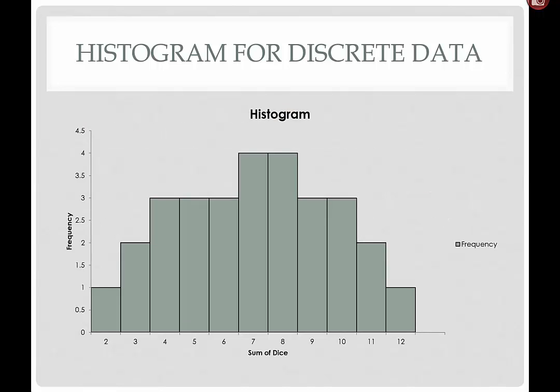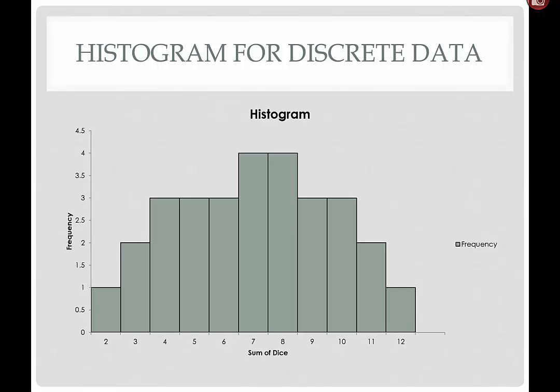So here's our histogram from that table of data that we had from the scenario. And so there you can see that the bars are touching. Notice that the center of the bar is the number, the sum of the dice. Okay, so where the bar for 2 and the bar for 3 meet is halfway in between, so it's at 2.5.